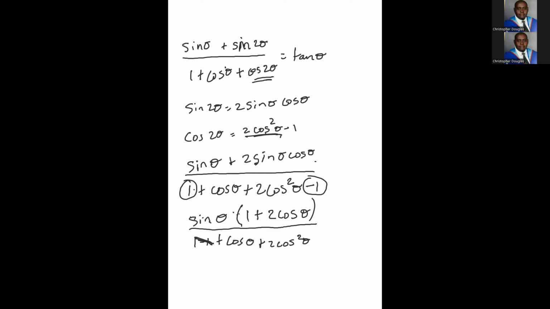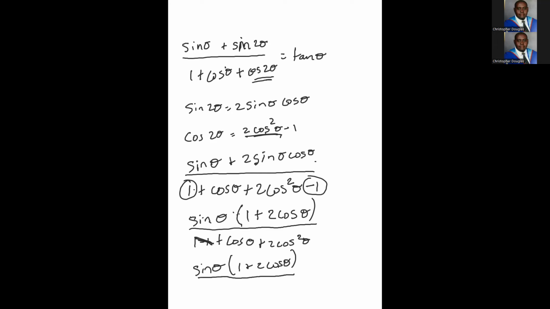So can I factor out anything here? All right, I have a cos and I have a cos squared. So I can factor out cos. So if I factor out cos, I'll have sine theta, just write what's at the top here, 1 plus 2 cos theta. But there's a multiplication going on here.